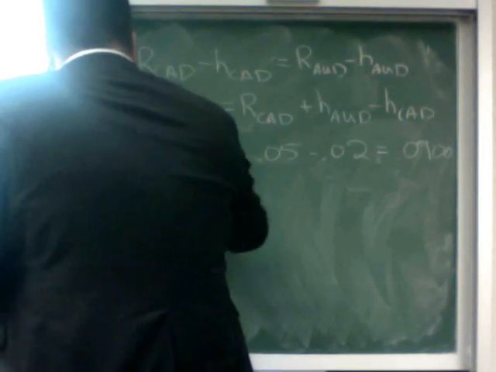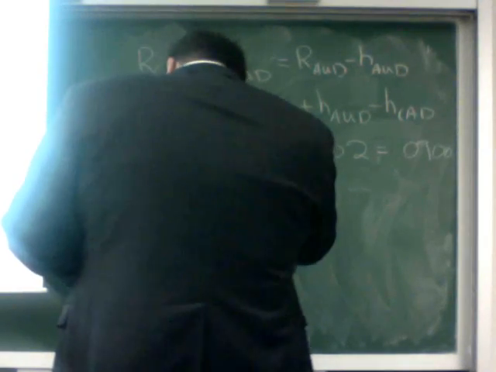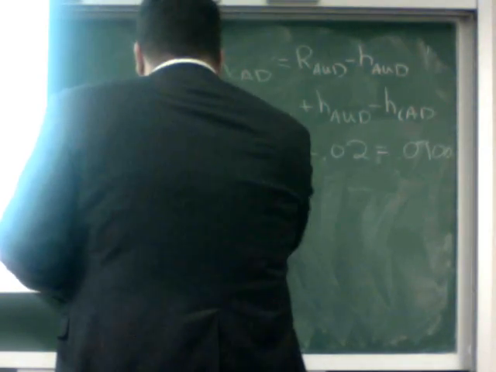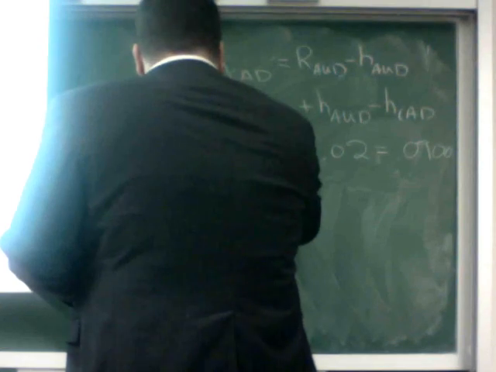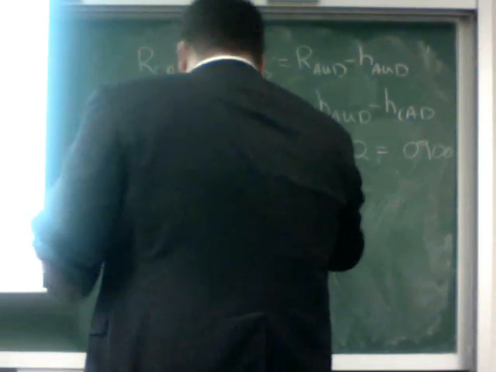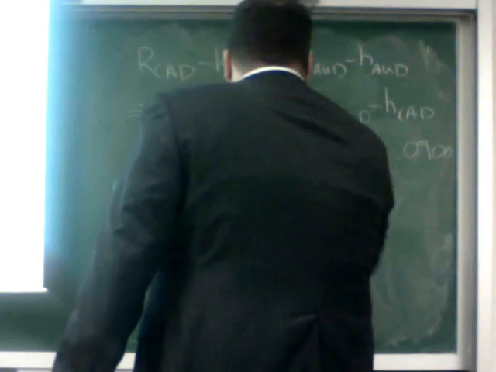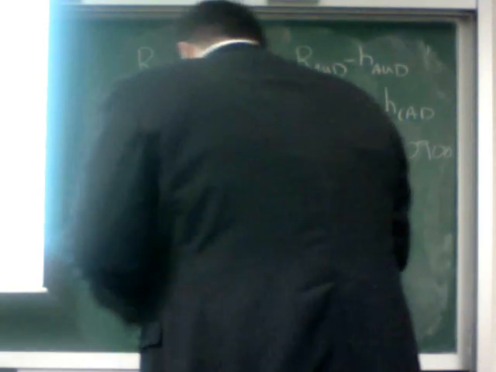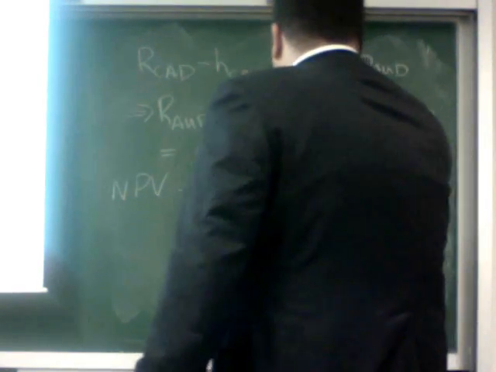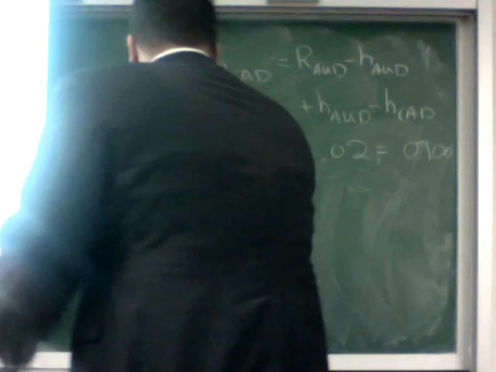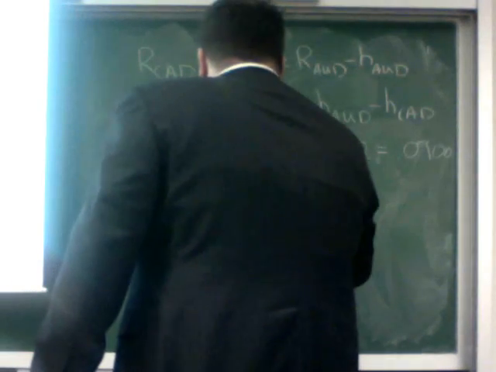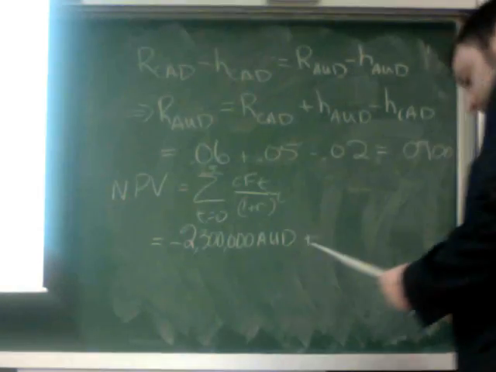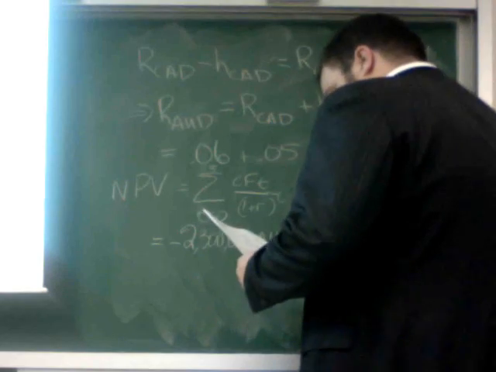So the net present value is going to be, so that's going to be, plus, so it's not 5, it's 3.